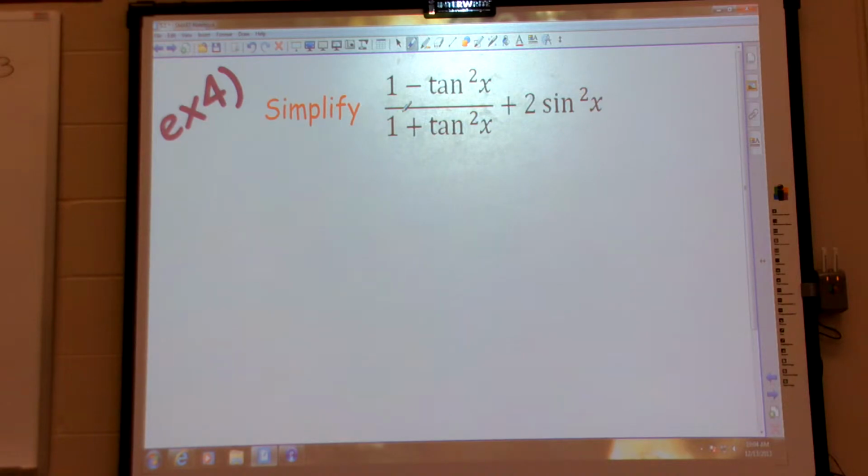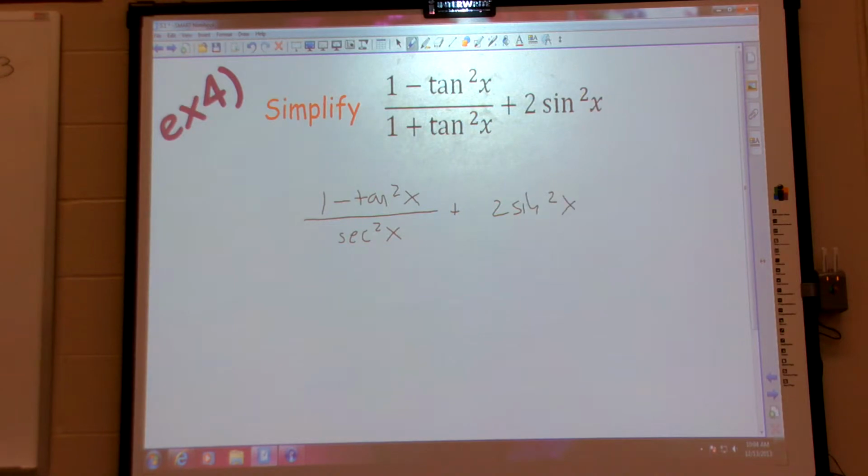You see those squares and ones? Remember, I said anytime you see those squares and ones, you should be thinking Pythagorean identities. What do you see here? Is which one? Bottom. Now, a lot of people mistakenly say the top is negative secant squared, which is mucho wrong.